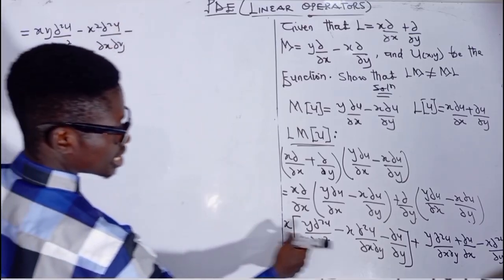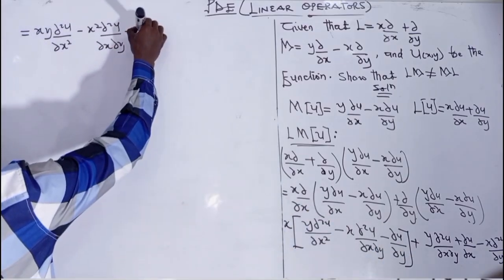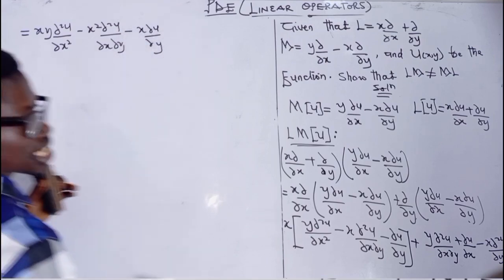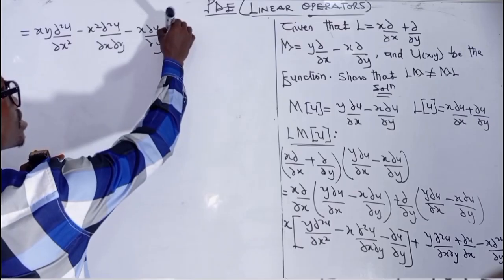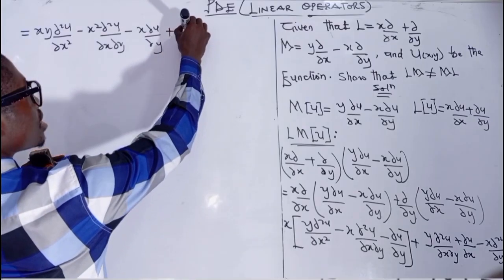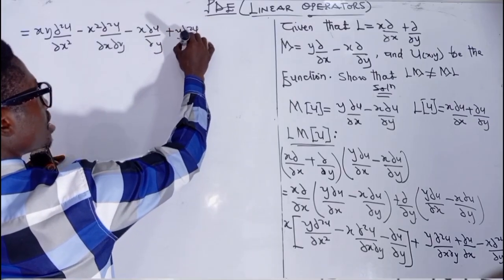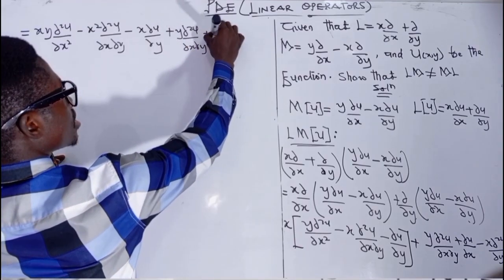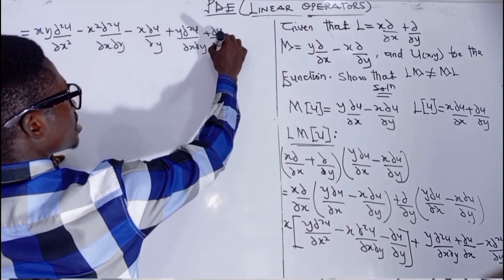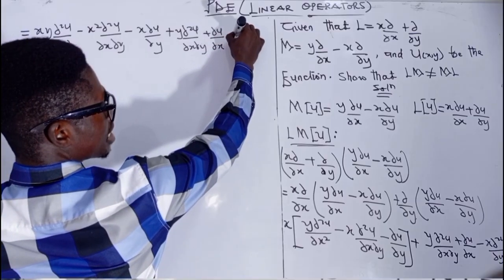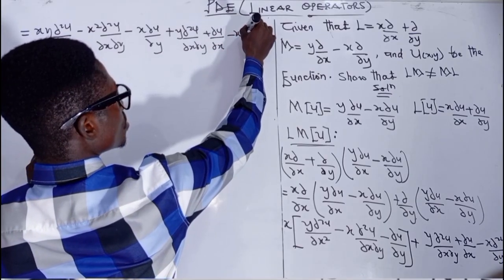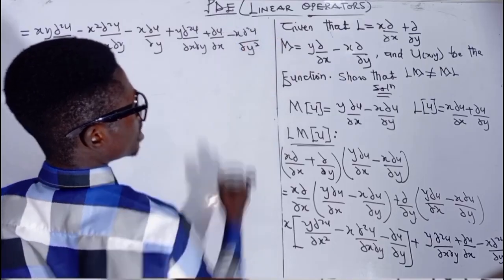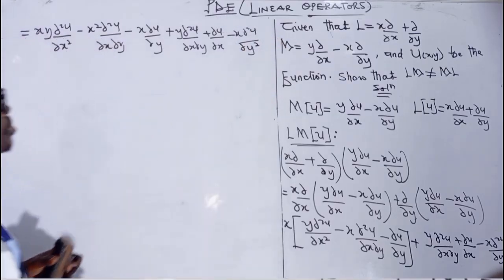Then we have x, and this will give us x ∂u/∂y. Then we add this. So we have plus y ∂²u/∂x∂y, plus ∂u/∂x, minus x ∂²u/∂y².